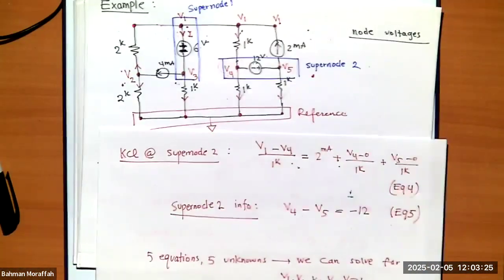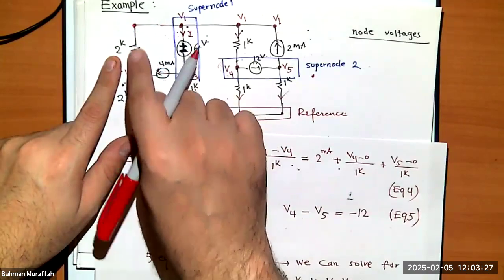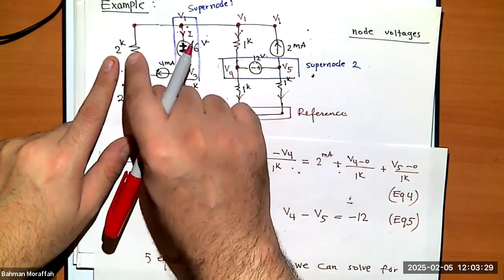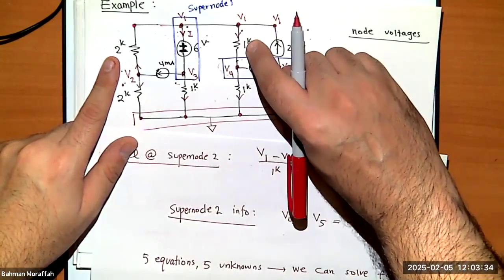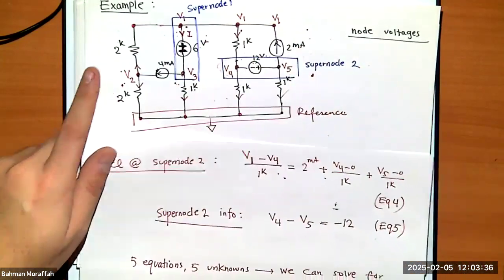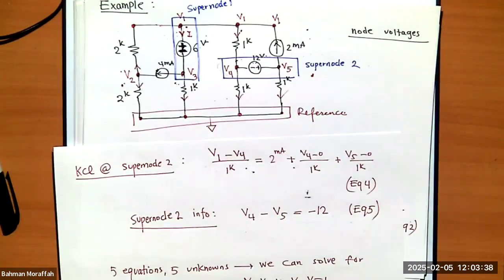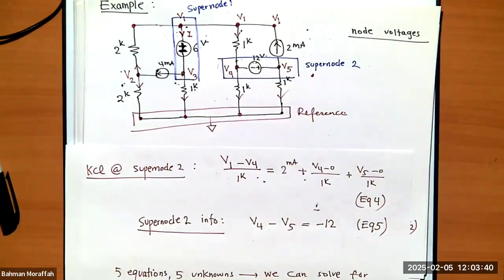I know this current, which is V2 minus V1 divided by 2K. I know this current, which is V1 minus V4 divided by 1K. And I know this current that's going in, which is 2 milliamps. So I can write a KCL at this node and find I.